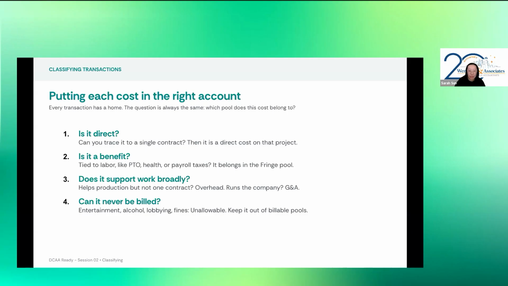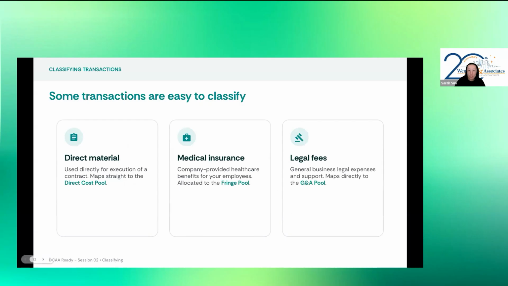Okay, so now let's look at some examples here. Some expenses are pretty straightforward for classification purposes. Basically, say you have a direct material purchased specifically for a contract, then that's a direct material under the direct cost pool. Or if the employer is paying medical insurance for their employees or making 401k match contributions, that will be the fringe expense pool.